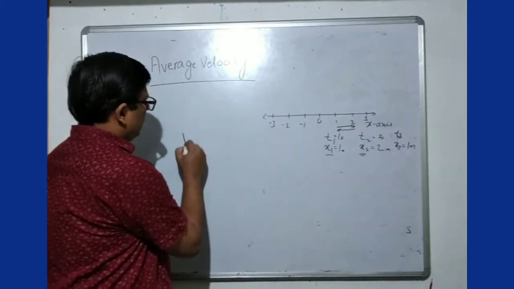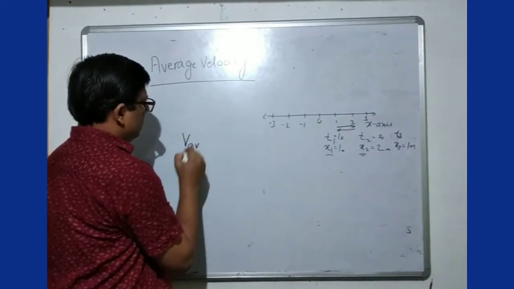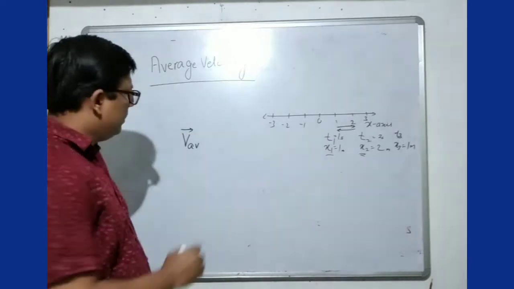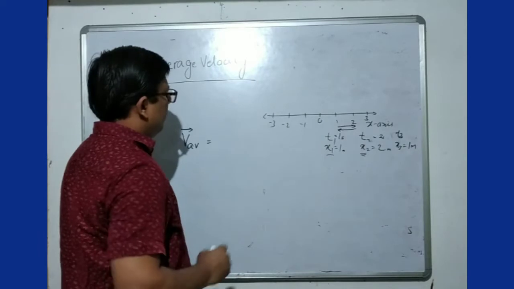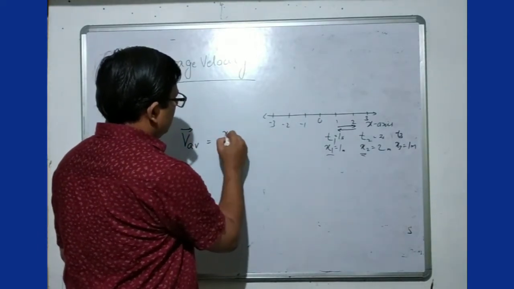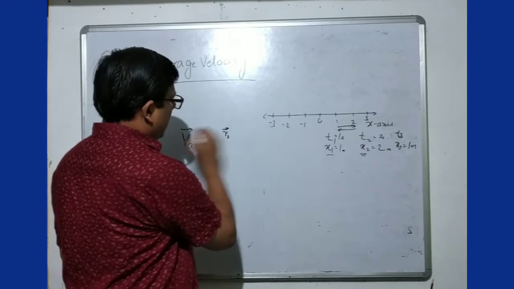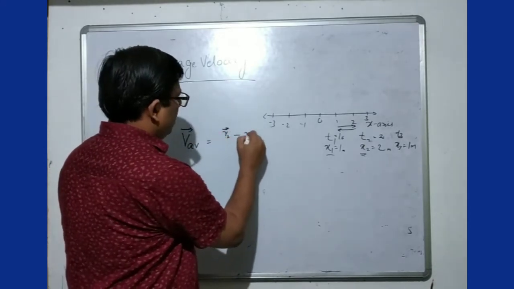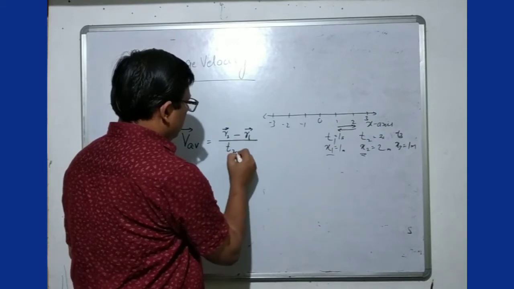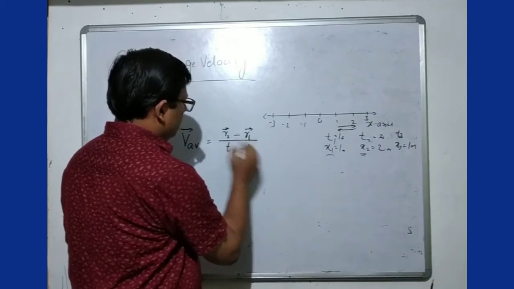So V average, this is a vector quantity, so let us give a vector sign, will be final position minus initial position, that is R2 minus R1 upon T2 minus T1.